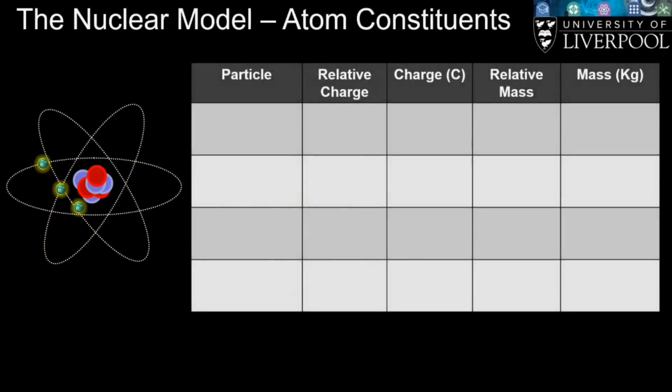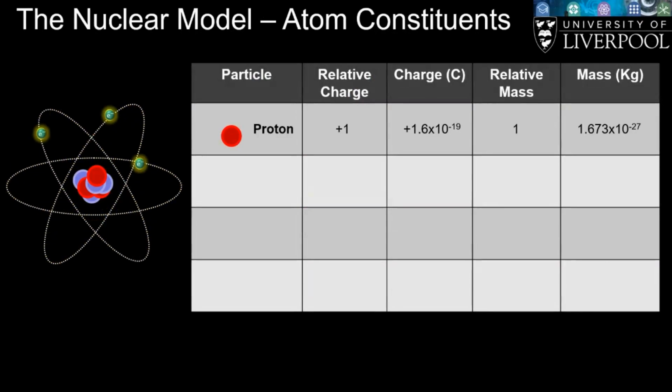Let's take a look at the particles that make up the atom in more detail. It's important to note the difference between relative charge and actual charge on each particle. If we look at the proton, the relative charge of +1 translates to an actual charge in coulombs of 1.6 times 10 to the power of -19.